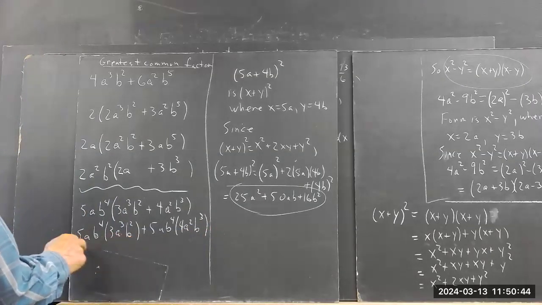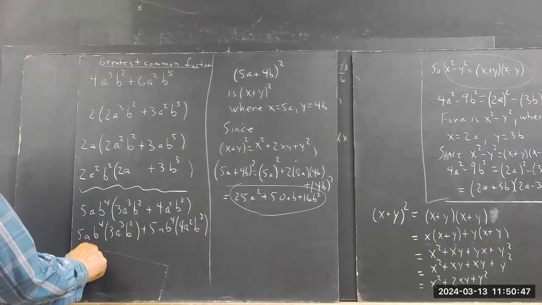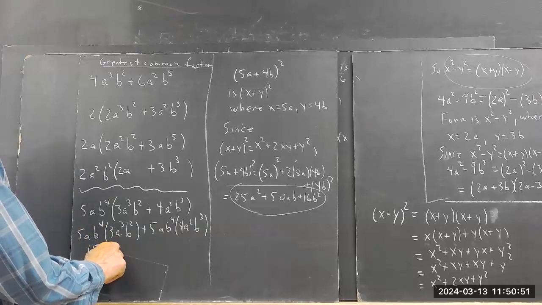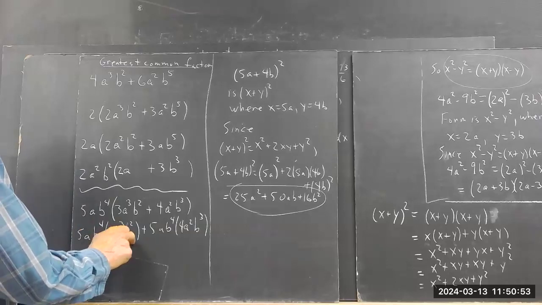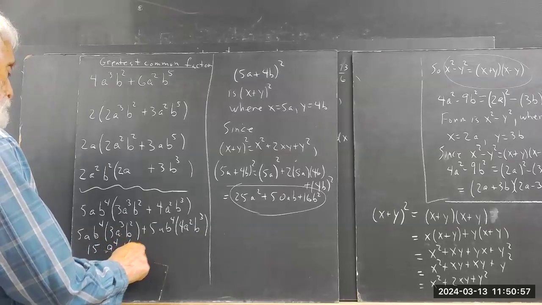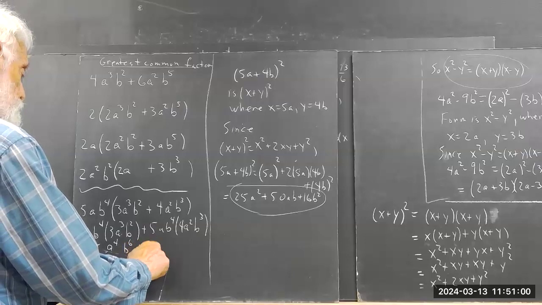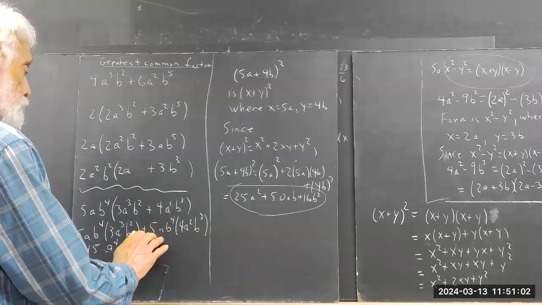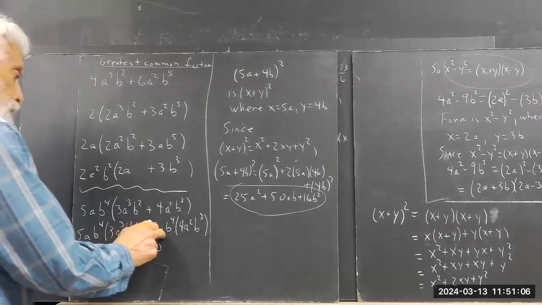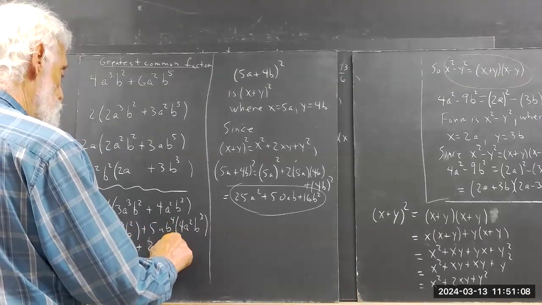Okay, well, if I multiply this out, 5 times 3 is 15. A times A cubed is A to the 4th. B to the 4th times B squared is B to the 6th. Five times 4 is 20. A times A squared is A cubed.